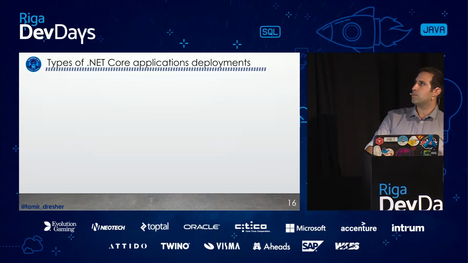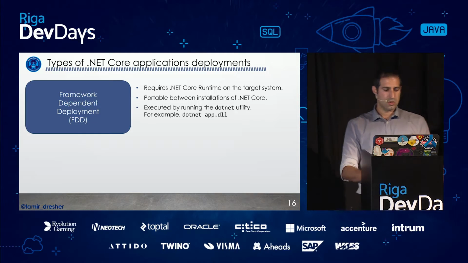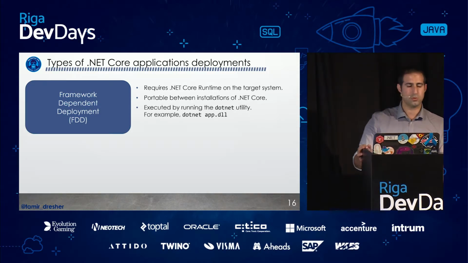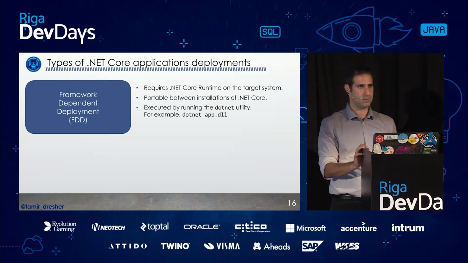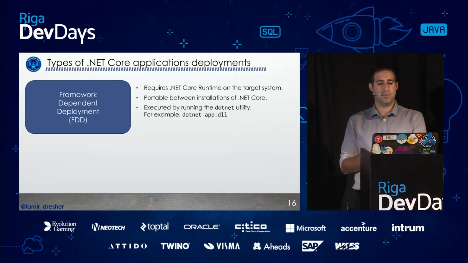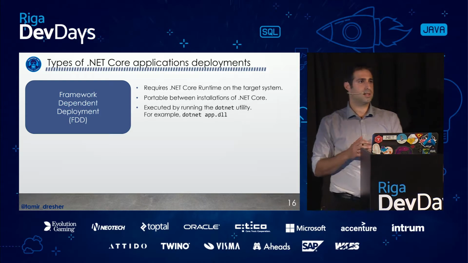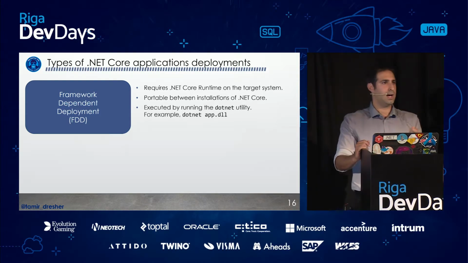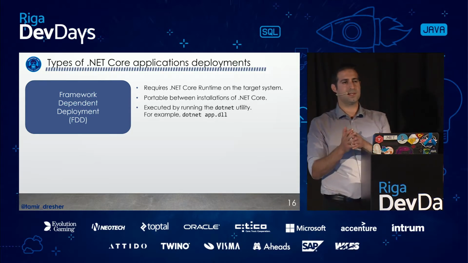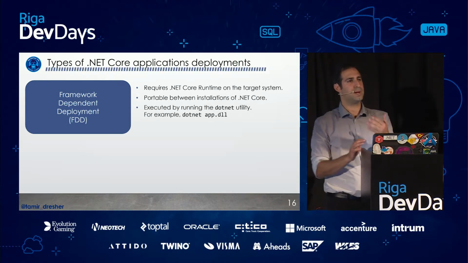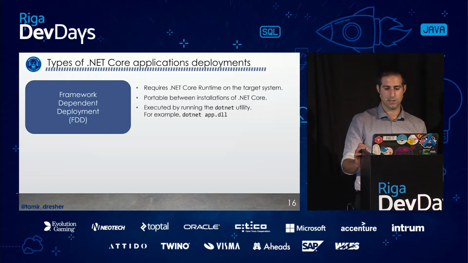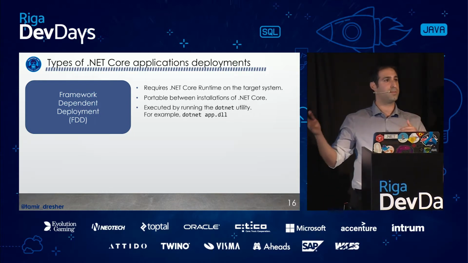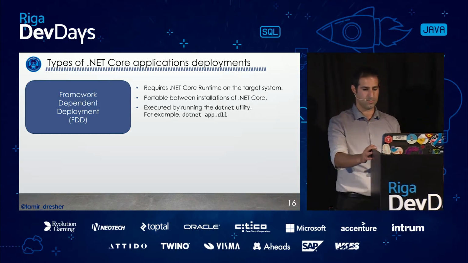Okay, so up until now, I only showed you one way of deploying a .NET Core application. This was the framework-dependent deployment. Basically, I just got an assembly, a DLL, that I can go and distribute. Even if I do a publish, I will only get those assemblies that are the dependencies of my application, and I can distribute it as a whole and give it to whatever place, whatever platform that wants to use my application.